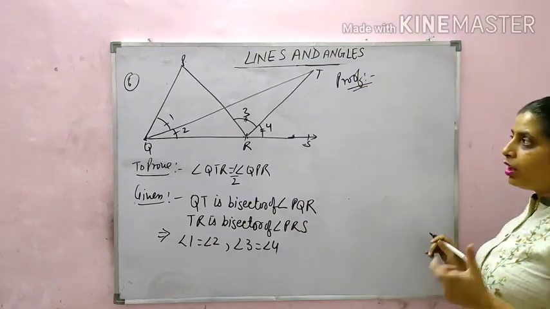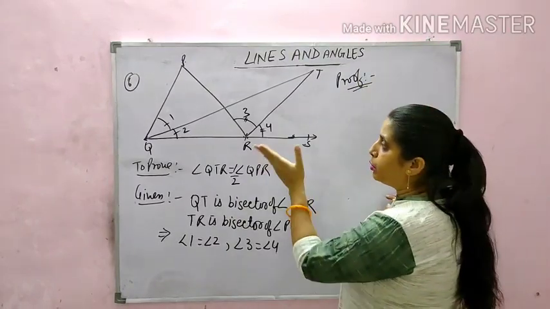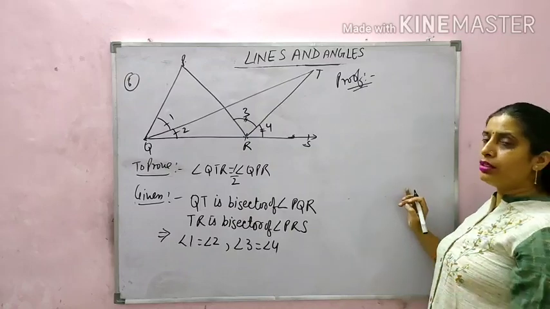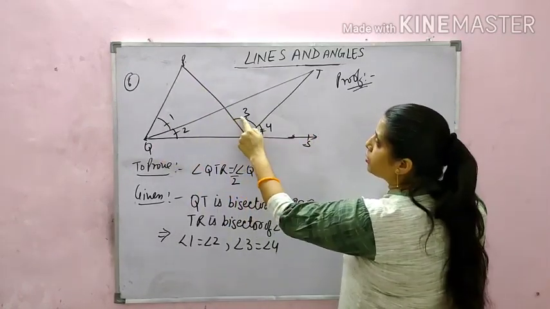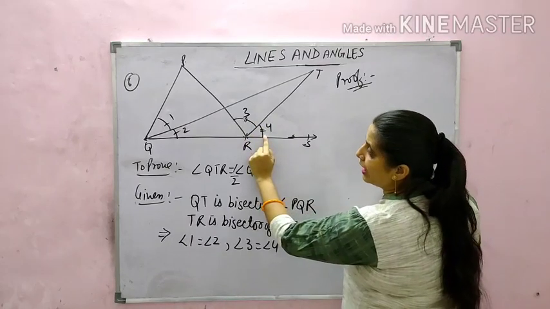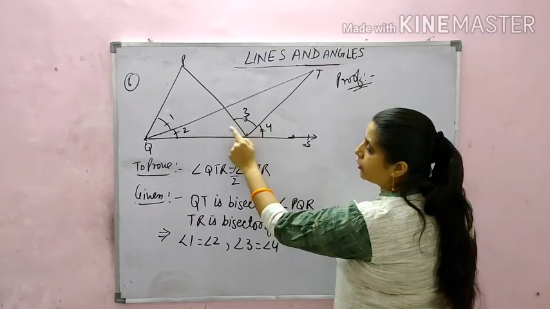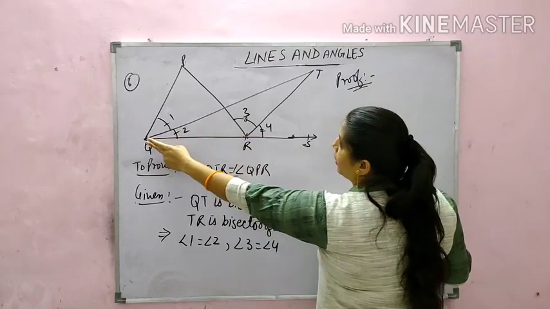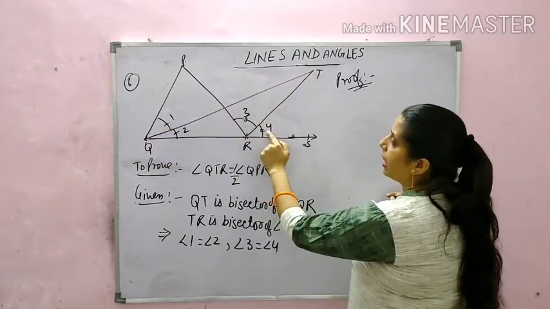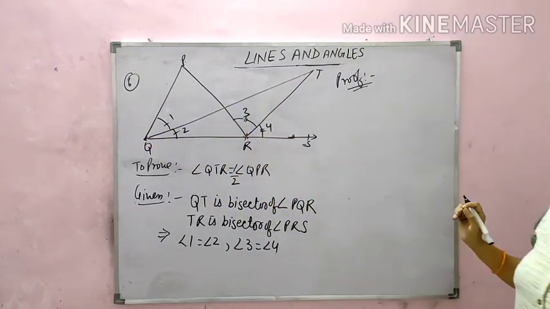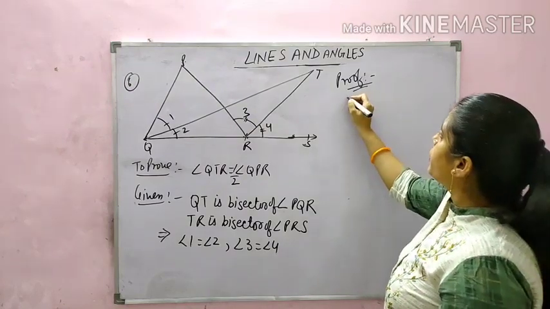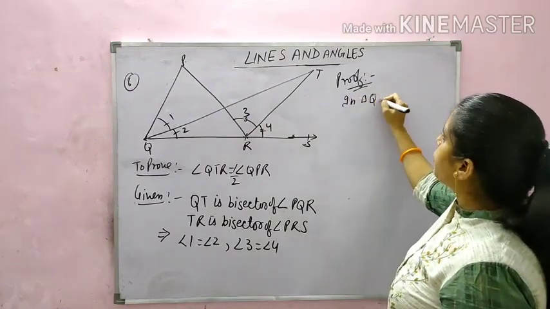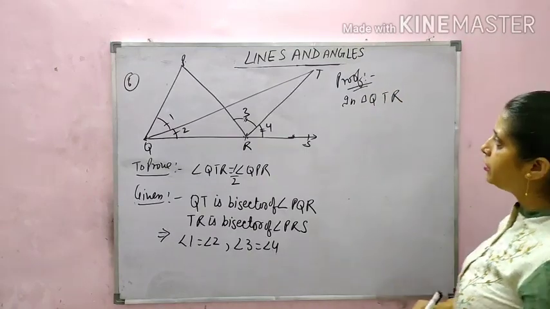A small trick: find both the exterior angles for both the triangles. It means in triangle PQR, this whole angle will act as an exterior angle for this triangle, and for triangle QTR, this angle 4 is an exterior angle. I am considering first of all triangle QTR. Okay?